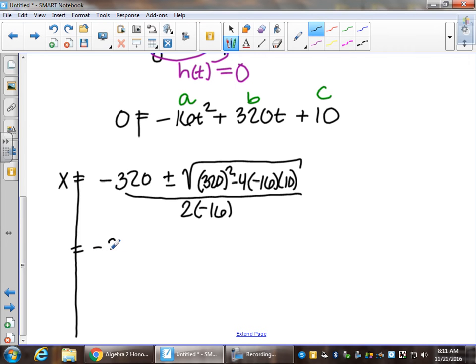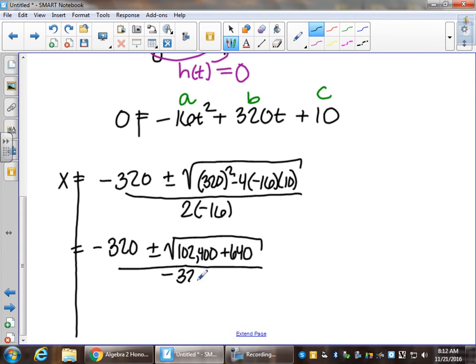That gets us negative 320 plus or minus 320 squared, which is 102,400. I know negative times negative is a positive, so I'll just do 4 times 16 times 10 and get 640, all divided by negative 32.